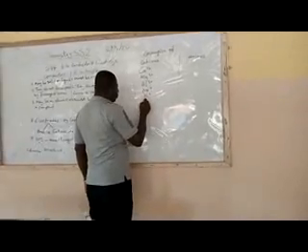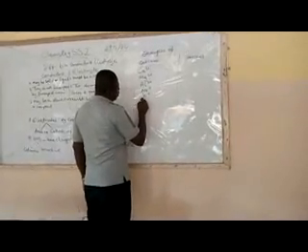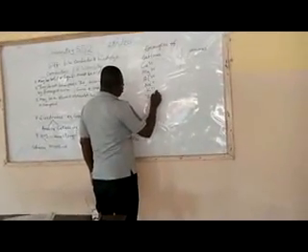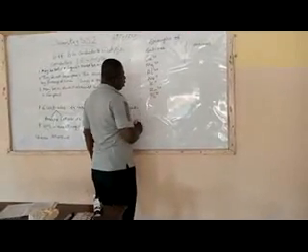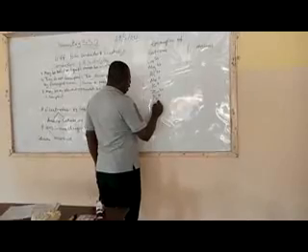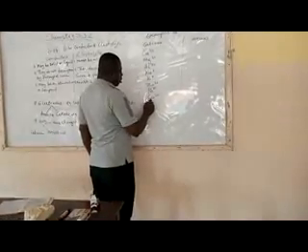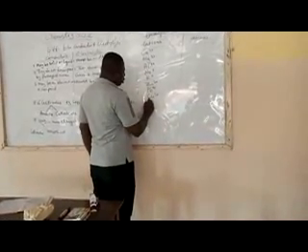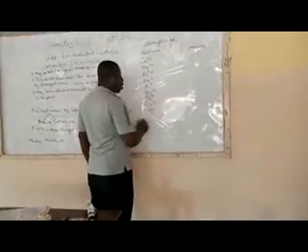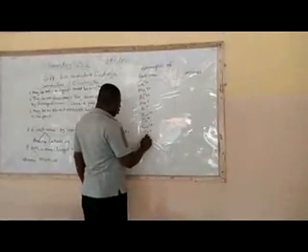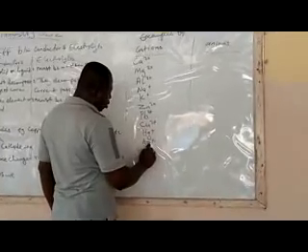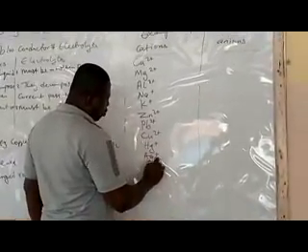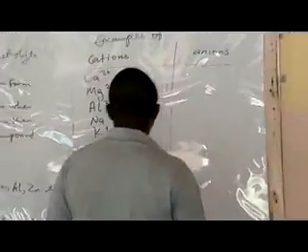Potassium ion, zinc ion, lead ion, then copper ion, mercury ion, Hg+, silver ion, Ag+, gold ion, Au+.